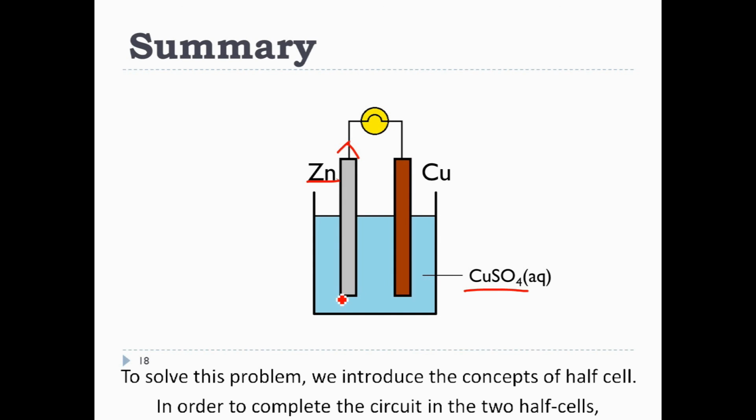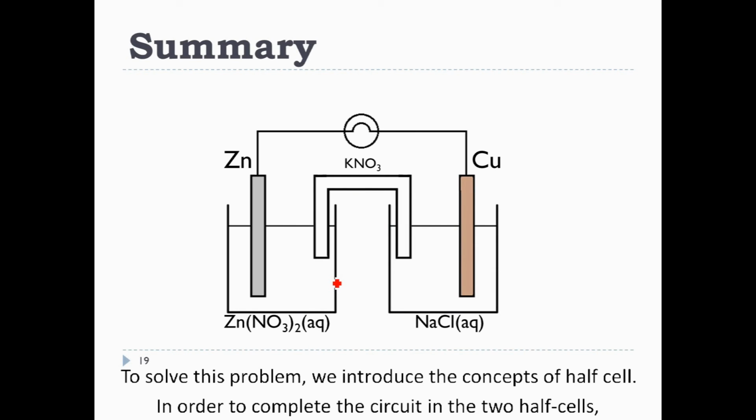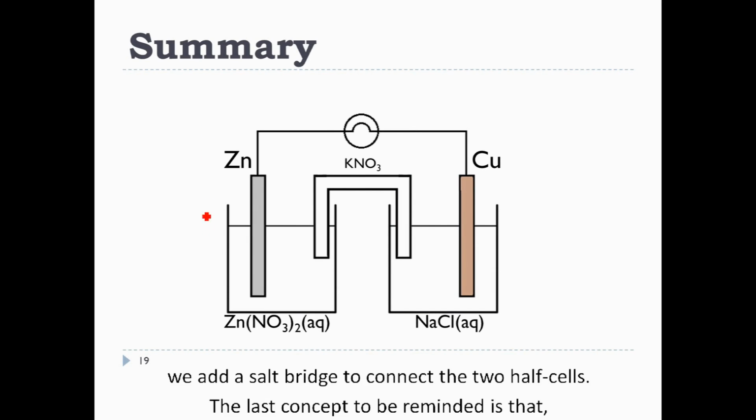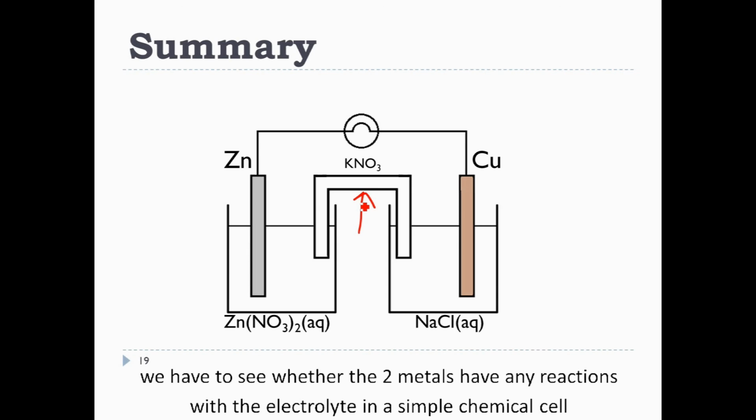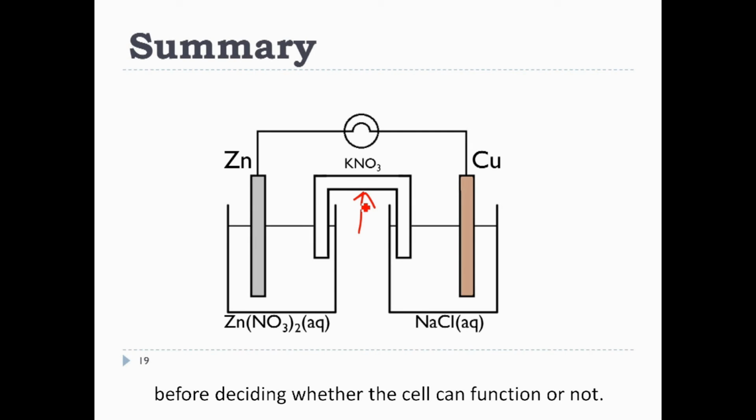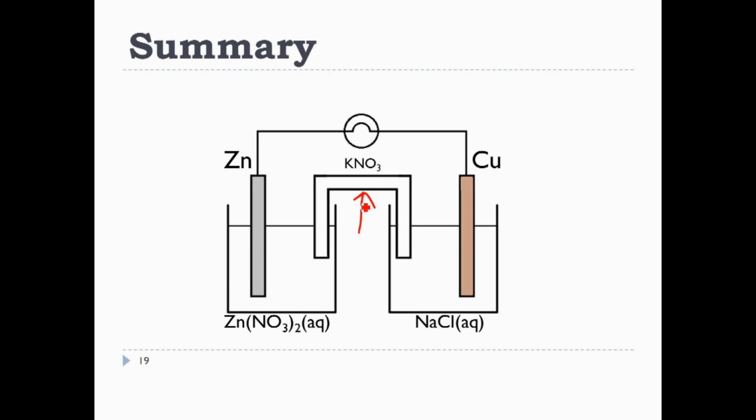To solve this problem, we introduce the concept of half cell. In order to complete the circuit in the two half cells, we add a salt bridge to connect the two half cells. The last concept to be reminded is that we have to see whether the two metals have any reactions with the electrolyte in a simple chemical cell before deciding whether the cell can function or not.